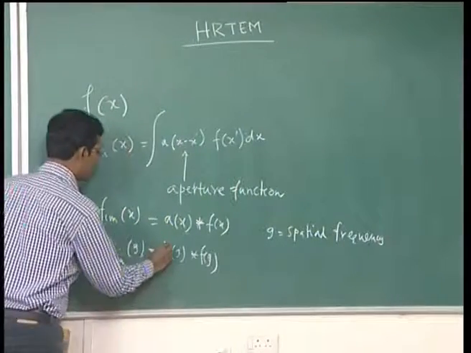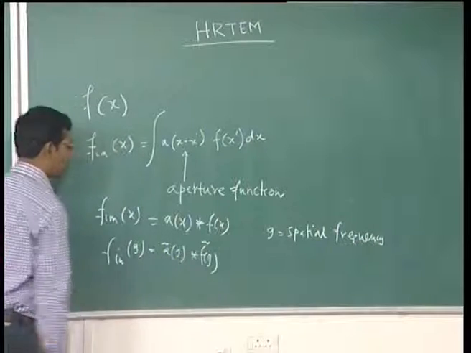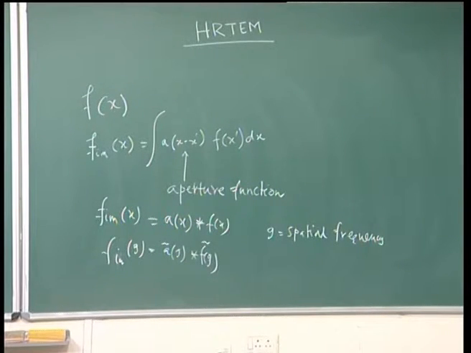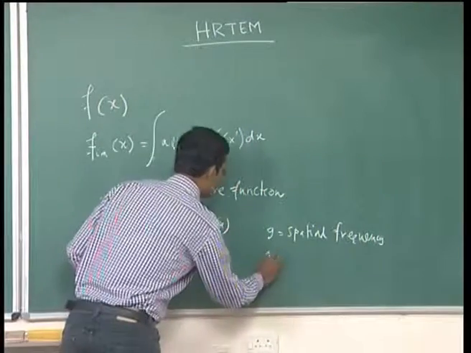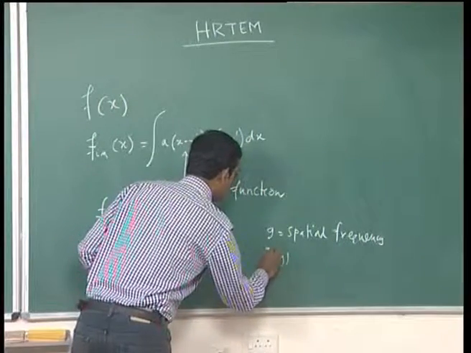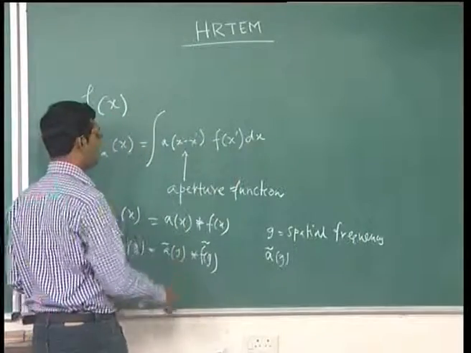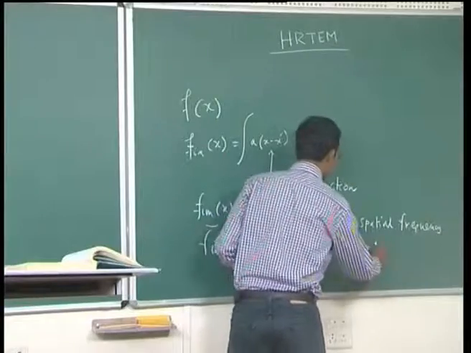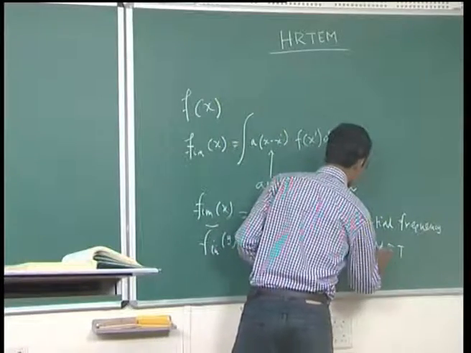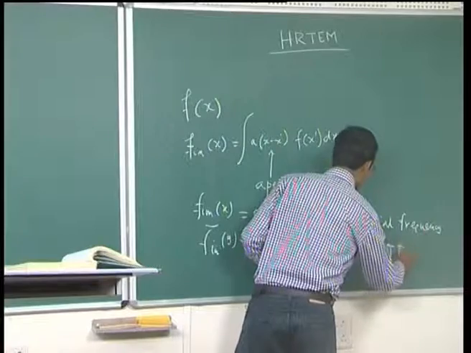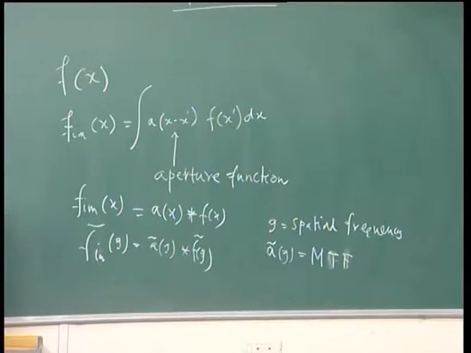And let us write it like this to depict it in Fourier space: A(g), the Fourier transform of a(x), is known as the modulation transfer function of the imaging device.